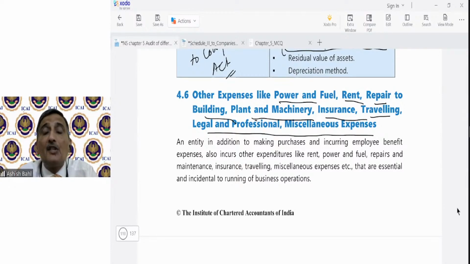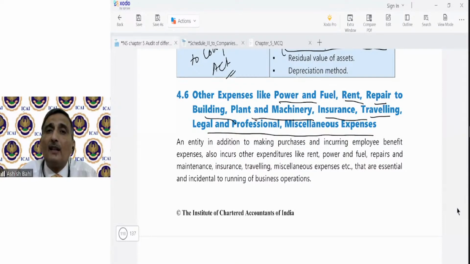And the period of insurance is important to be checked, whether any prepaid expenses have to be booked, because whenever an insurance policy is undertaken, you understand guys, say it is valid for a year.